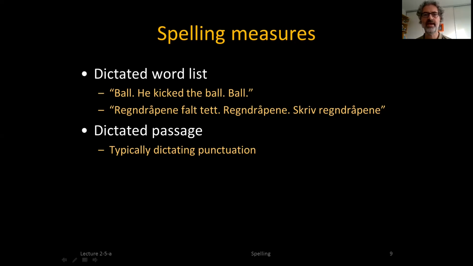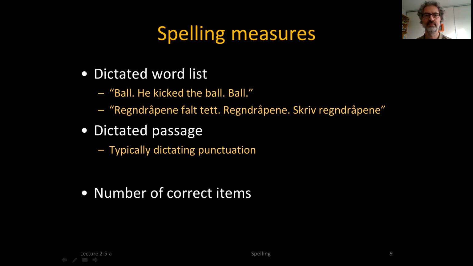So depending on age, you will have to say very few words at a time if you're dictating a whole passage. This is also why the word to be spelled is dictated again after the sentence context in the word list dictation tasks.